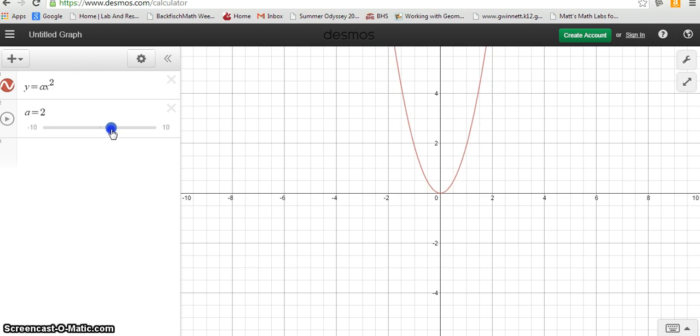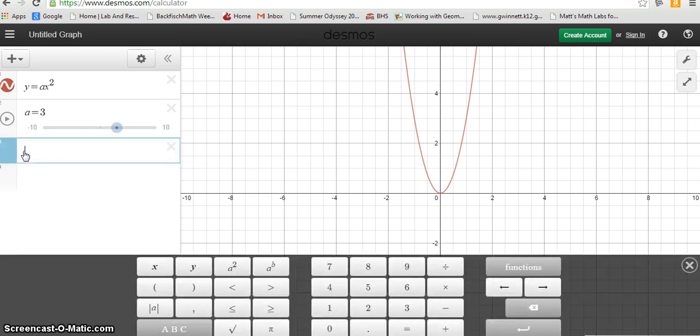If we compare y equals 3x squared to, I think I'm going to go ahead and input separately, y equals negative 3x squared, they're reflections of one another. Okay, so putting a negative out in front does that, reflects it across the x-axis.